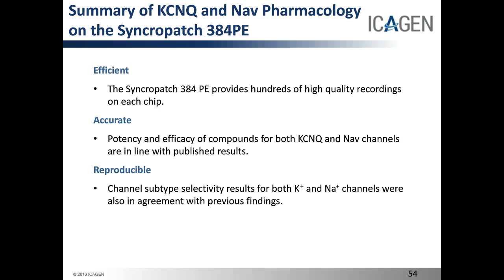The potency and efficacy of the compounds for both KCNQ and NaV channels are in line with published results, and the results are reproducible, as channel subtype selectivity for both channel types was also in agreement with previous results. So this system appears to work very well for identifying either openers for potassium channels or inhibitors of sodium channels, even if the compounds that you're looking for may bind in novel sites or have novel modes of action.